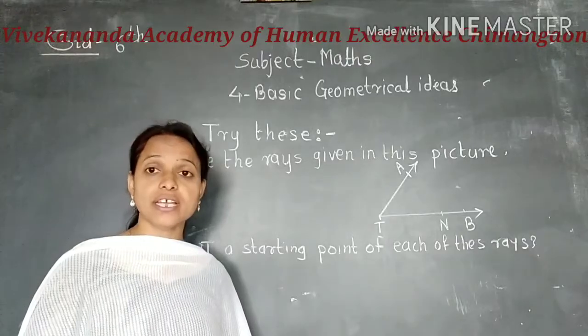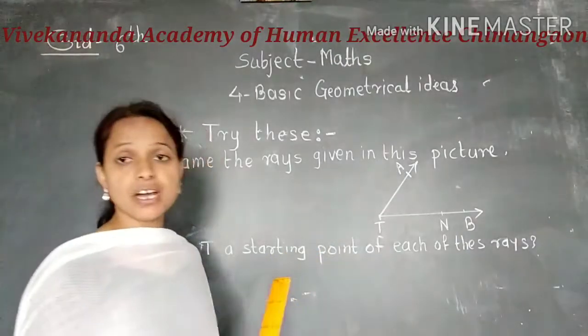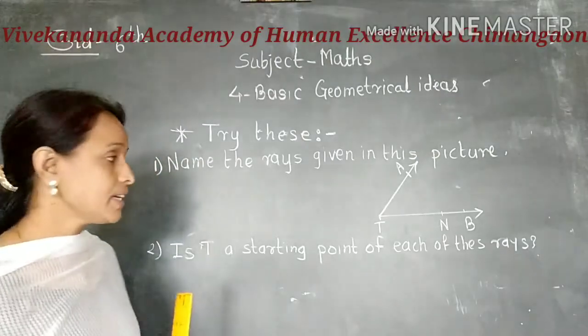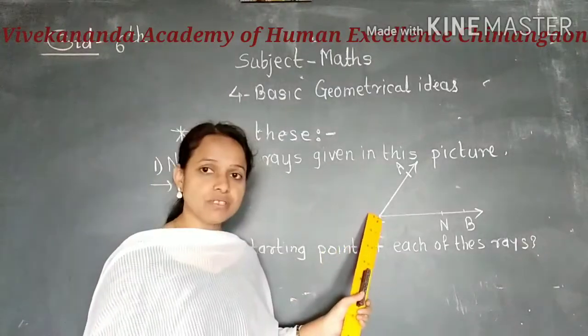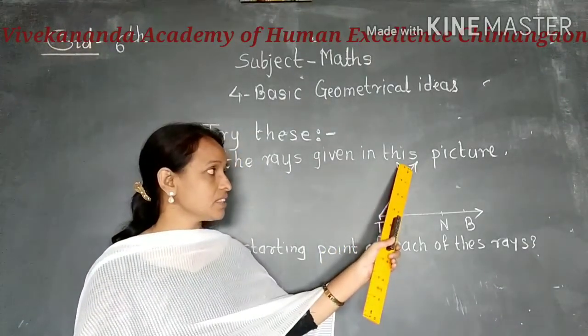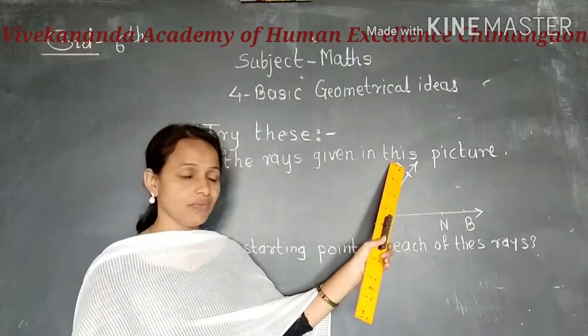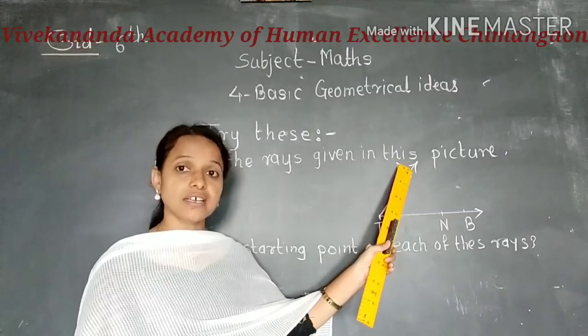It has no end point and it is a portion of a line. So in this figure we have to identify the rays and name them. See here, T is the starting point and another point A is on the path of the ray. So this is one ray.